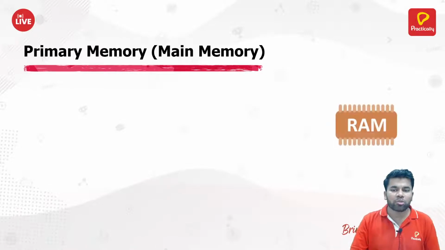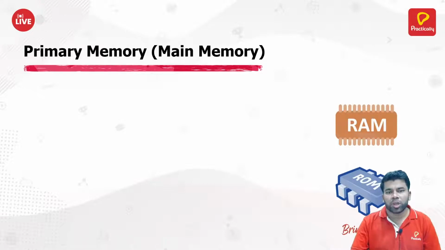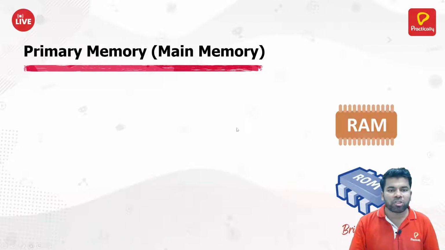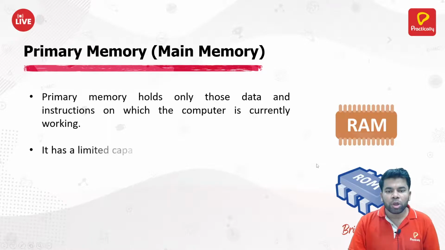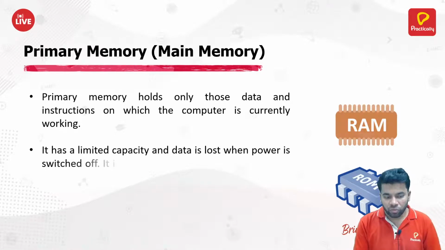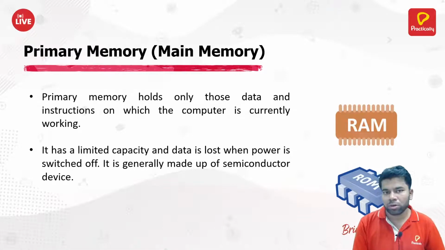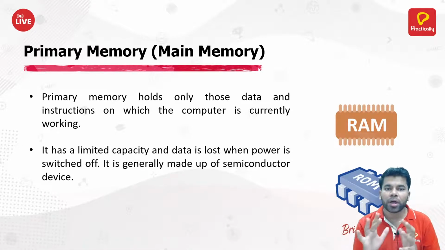Now come to the primary memory. It is also called the main memory of the computer system. The best examples are RAM and ROM. Both are called primary memory. It holds the data and instructions only while the computer is currently running. Right now this presentation is going on, so it is currently running in RAM.